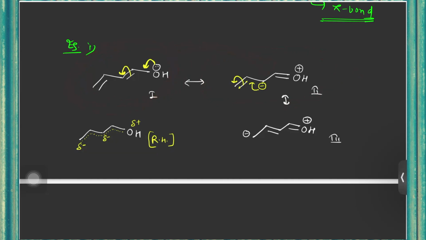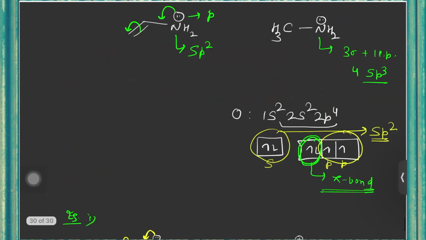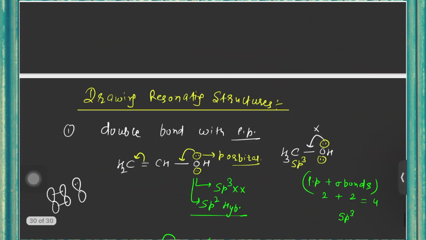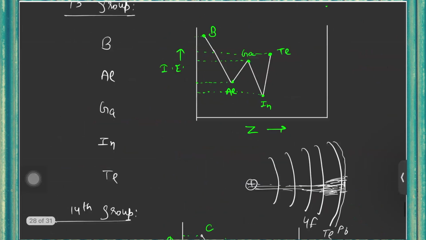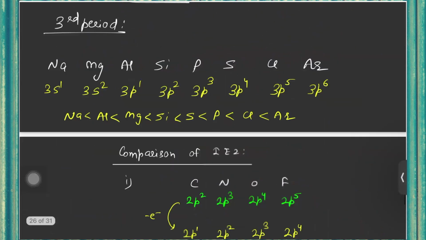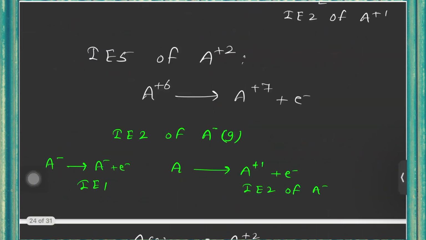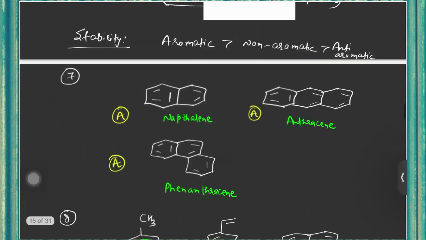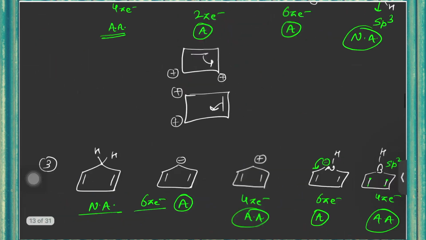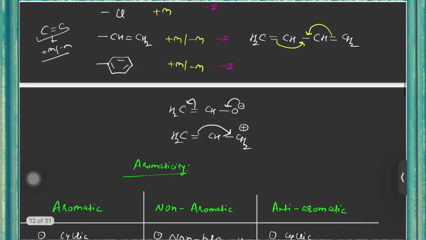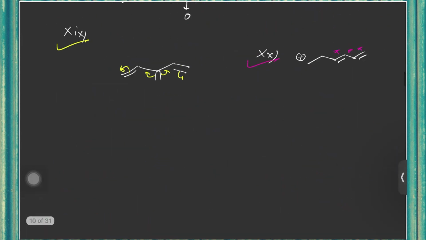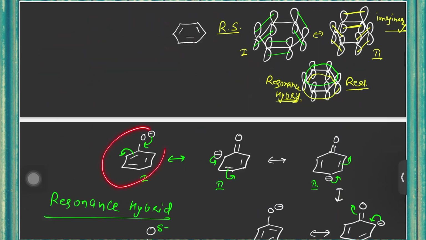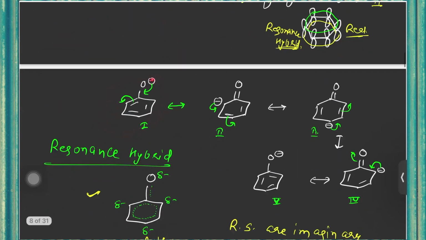But a charged molecule can also be there. Suppose we have this one. That molecule is charged. Yes, this one. Here in this case, this molecule has one negative charge.